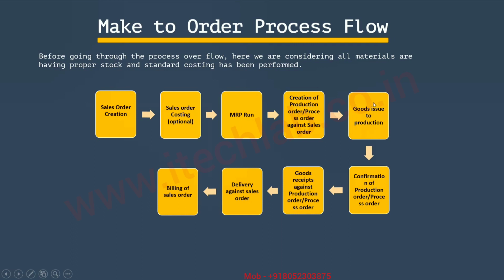What happens here in goods issue to production? There won't be an accounting entry. In MTS you must have seen that accounting entries are passed over here. In MTO with valuated stock, an accounting entry is going to be passed, but in make-to-order non-valuated stock, there won't be an accounting entry because the material which we are going to use in our production is not ours.